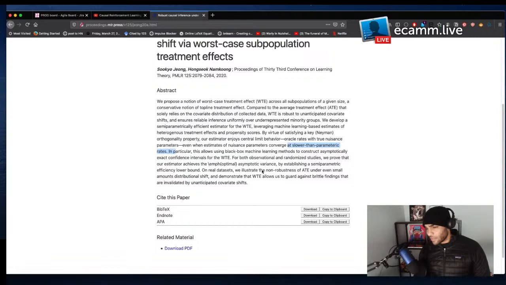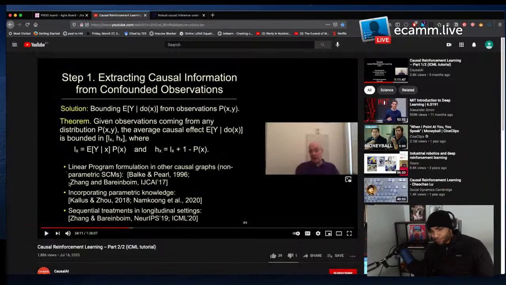I can't tell what the assumptions are without reading it. What are the semi-parametric assumptions? It must be this orthogonality property. That might be useful. Probably should look that up. Let's get back to it.